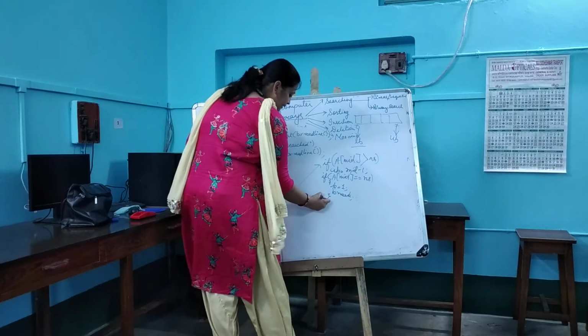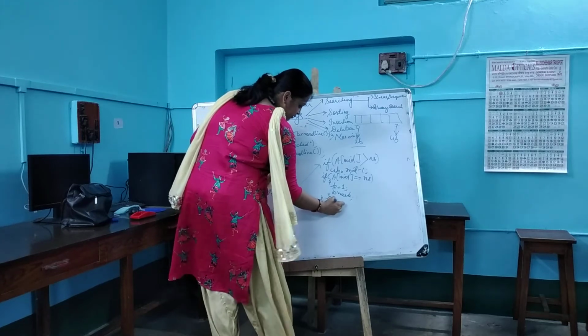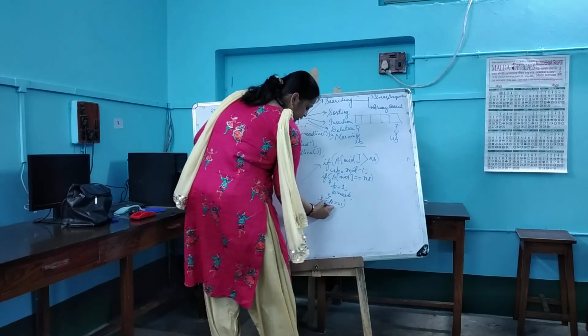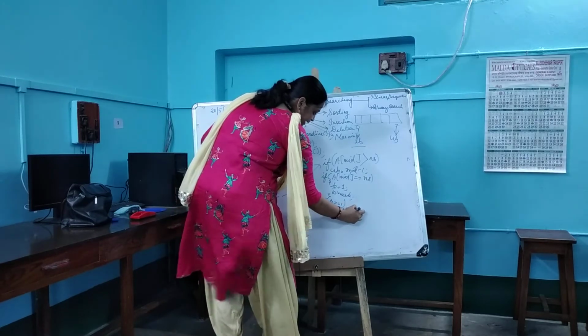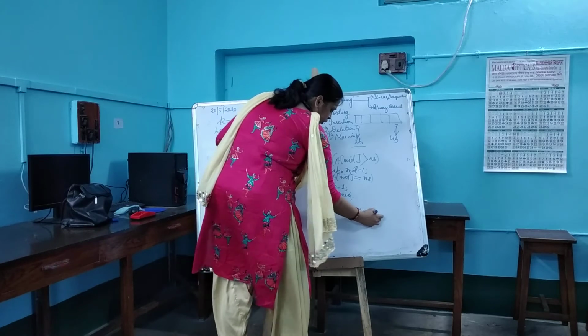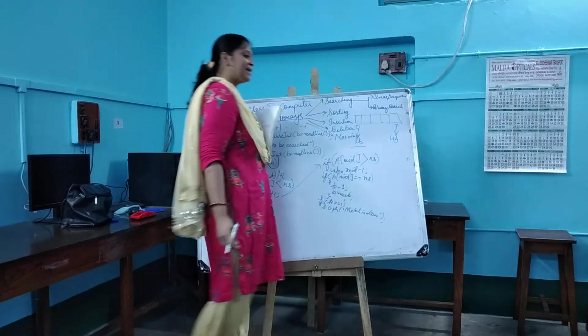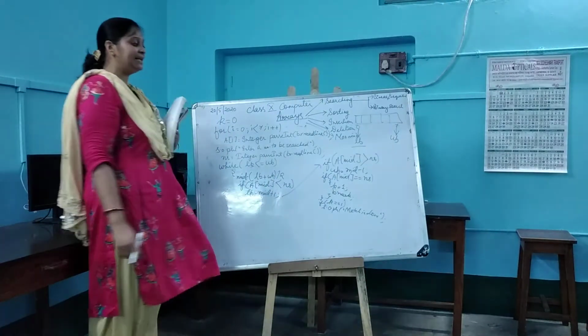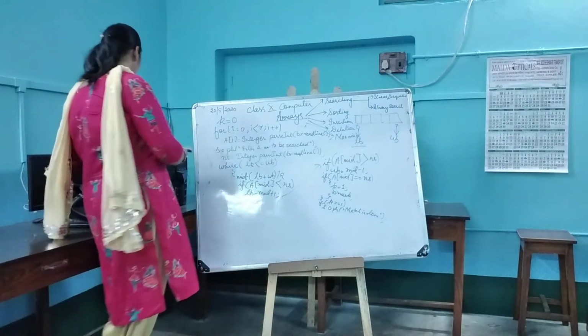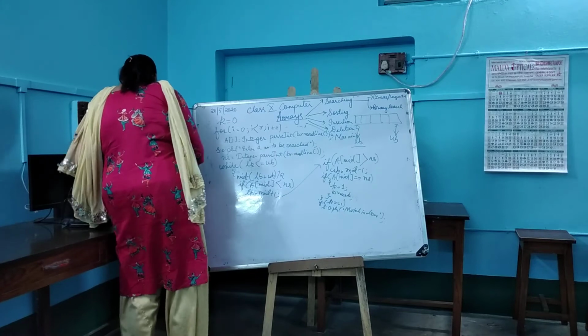And after that, we will write here: if k is equals to 1, then System.out.println match is done, or any kind of message, else match is not done. So this is how you are going to do a binary search program. Okay. Next.